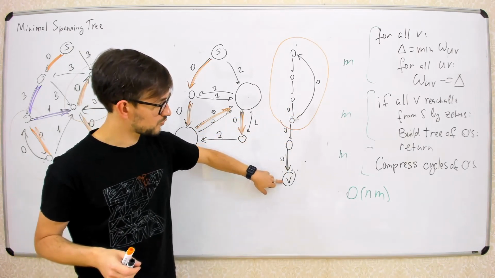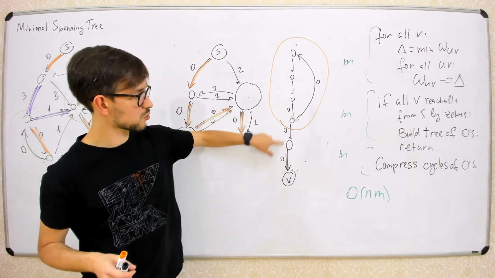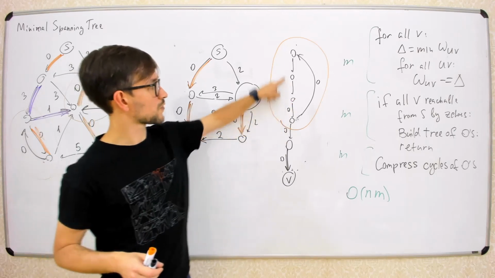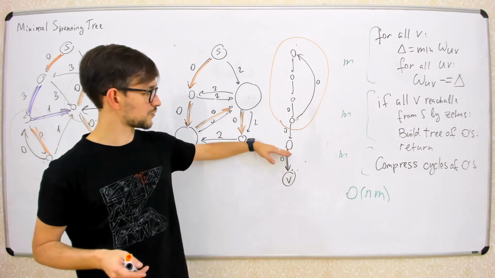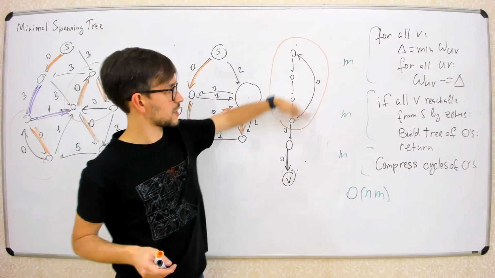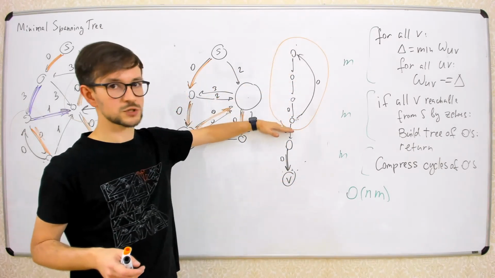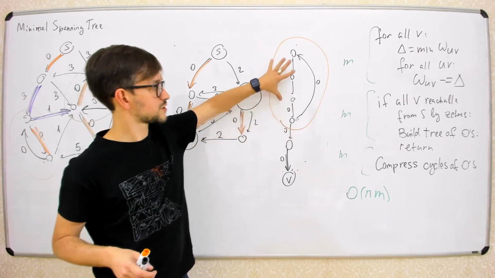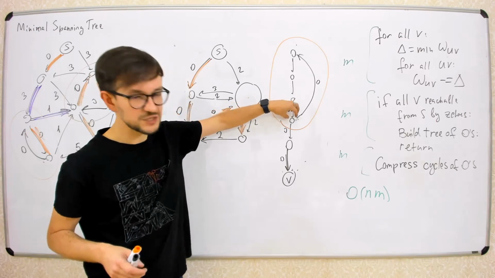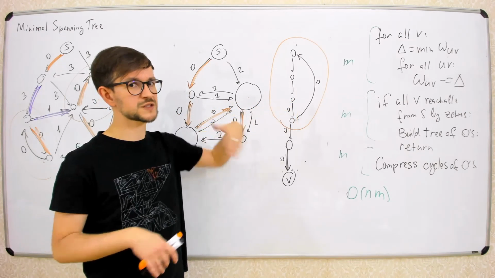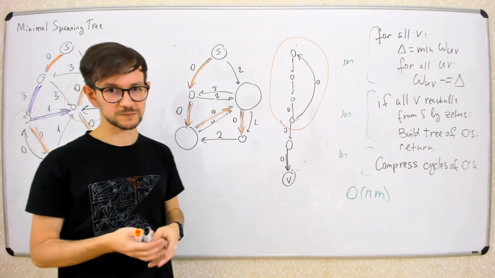So you have the node V and then some path of zero edges to this node. It's kind of a stack. You have this stack of nodes, and if you have a cycle here, you compress these top nodes into a single node, put this new fat node on the top of the stack, and continue from this point. That's how you get a faster algorithm.